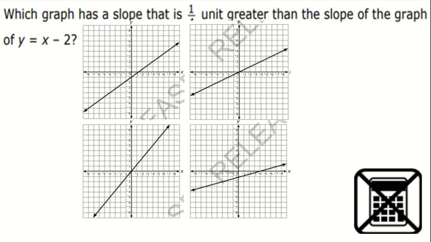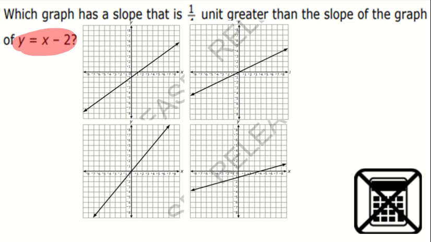We need a graph with a slope that is 1/4 greater than the slope of this equation here. So what's the slope here? Highlighted. 1. Slope is in front of the x, right?